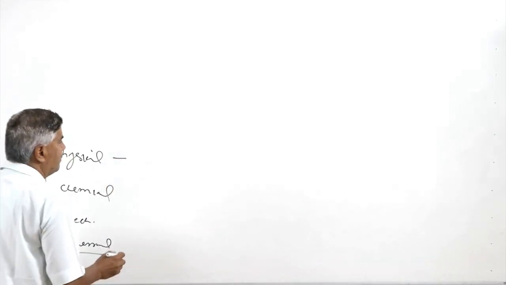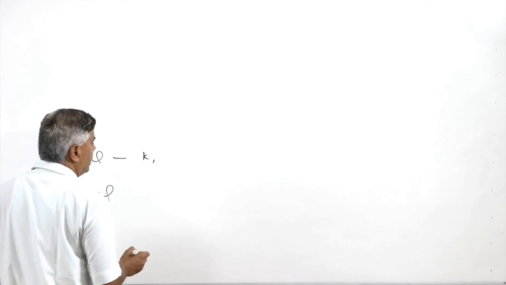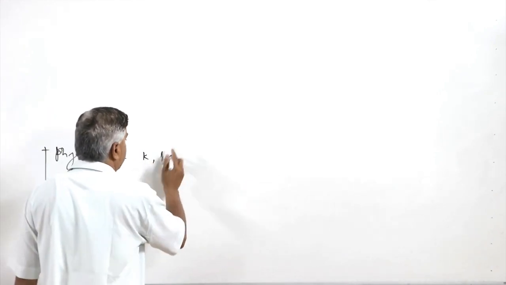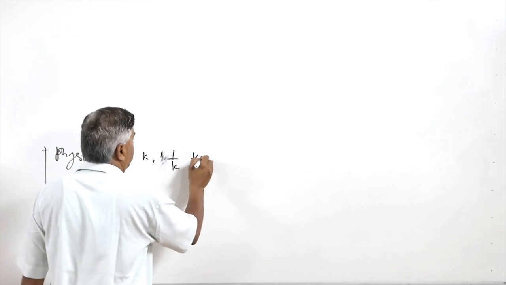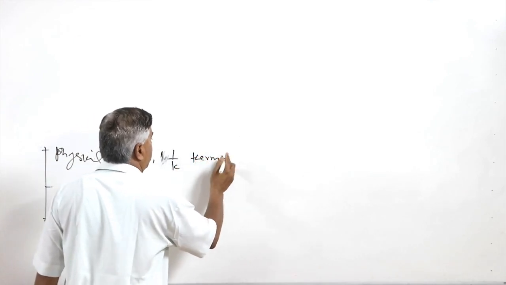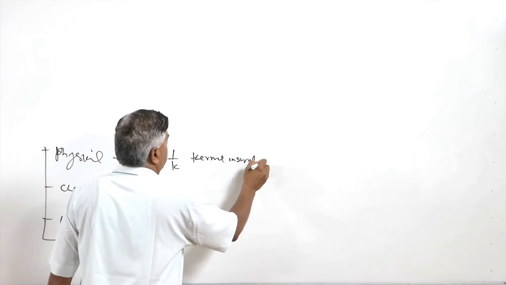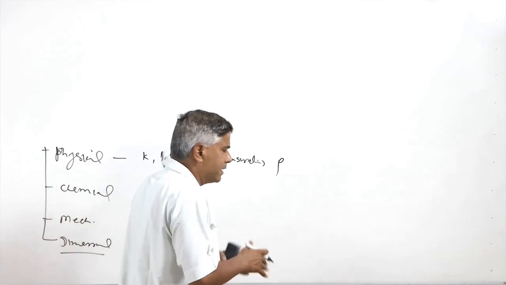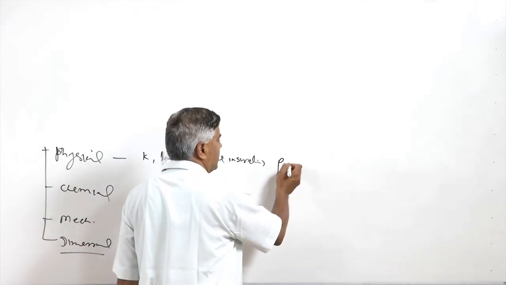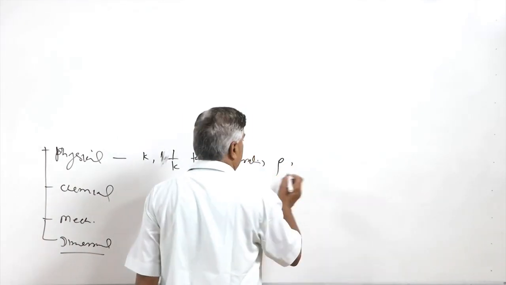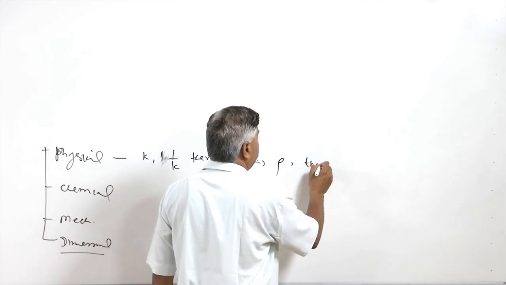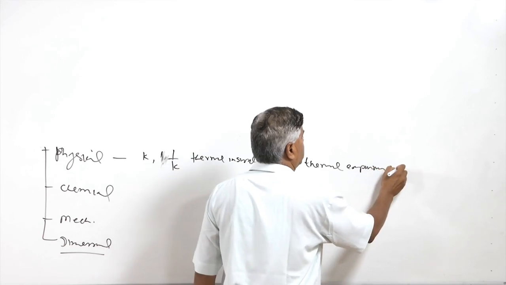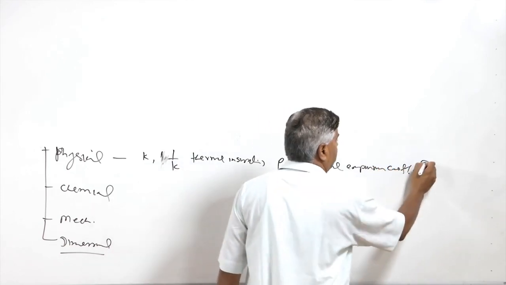Among the physical properties, it may be thermal conductivity, k, or if you see the inverse of k, then it is thermal resistivity or thermal insulation. Then electrical conductivity, where electrical resistivity is rho, so this also indicates the electrical conductivity. Then the thermal expansion coefficient, then the melting point.